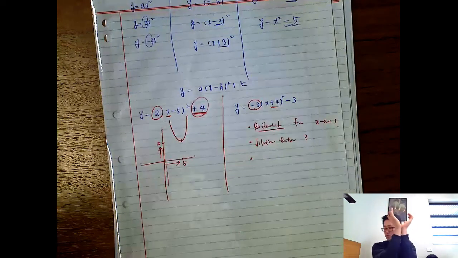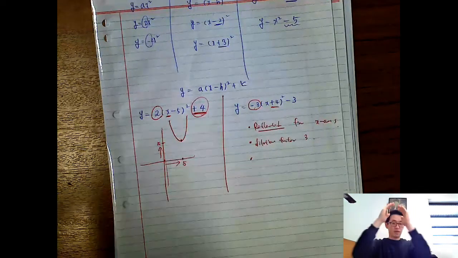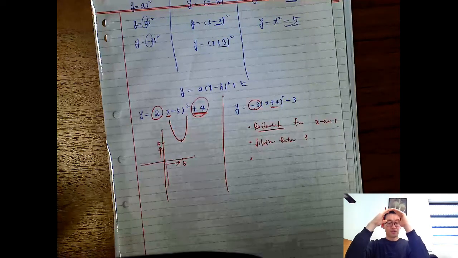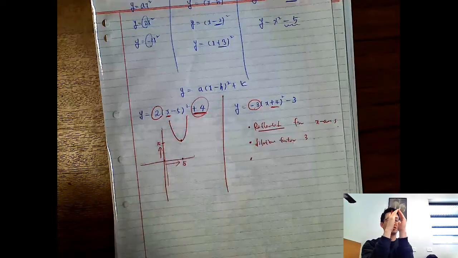I know this is negative, so it's not this way, it's reflected from the x-axis. And the dilation factor is 3, so it's narrower, good.